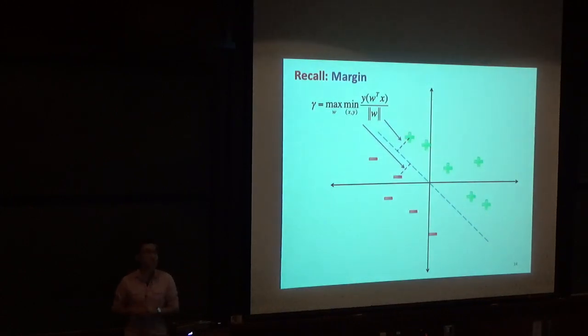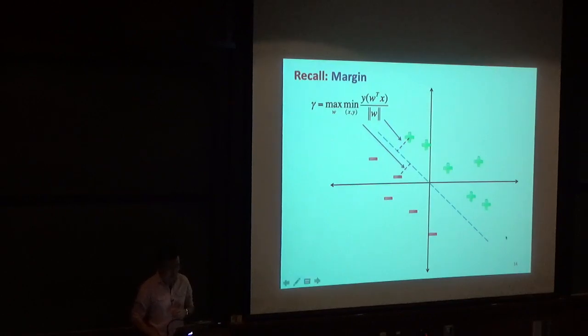From this geometric interpretation, we can think about the margin. The margin of a specific model is simply the distance of the closest point to the line, or the hyperplane. And the margin of the function class of linear models, the margin of a data set with linear models, is the hyperplane that has maximal margin within all linear models, so the maximal margin model.